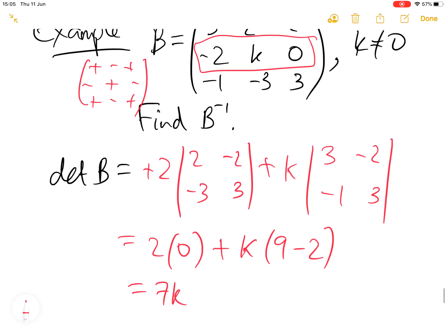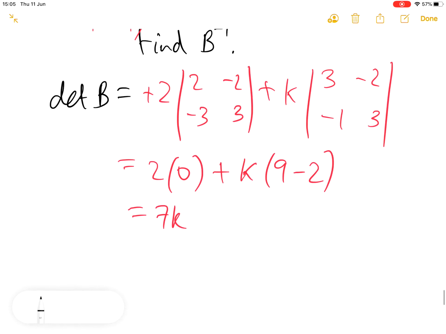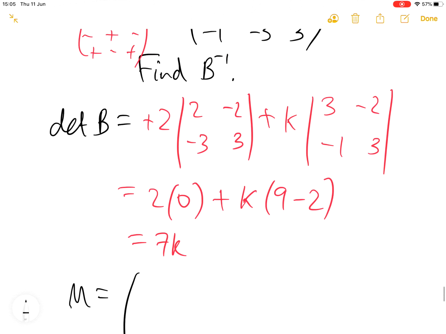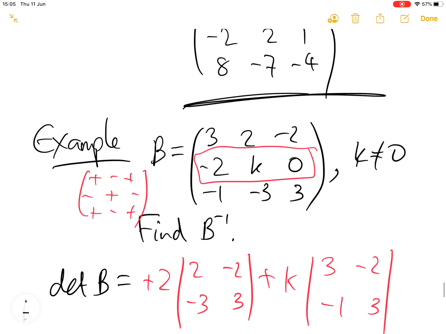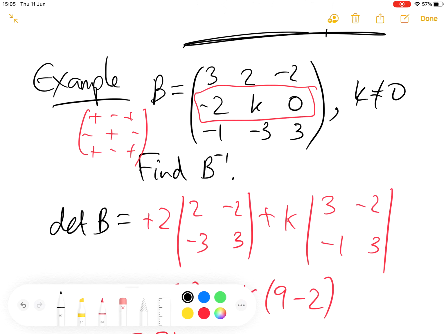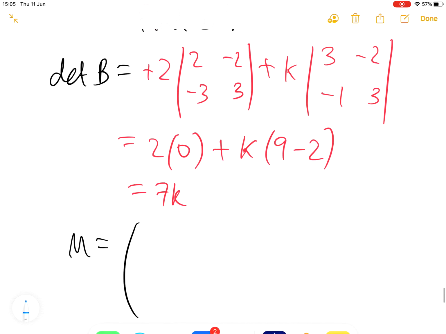Next step, step 2, we need to find the matrix of minors. So the matrix of minors M, and I don't want to write down every single minor as a determinant. So let's try and do it as much as we can in our heads. The minor corresponding to the top left 3 is just going to be 3k, because it's the determinant of this submatrix here.